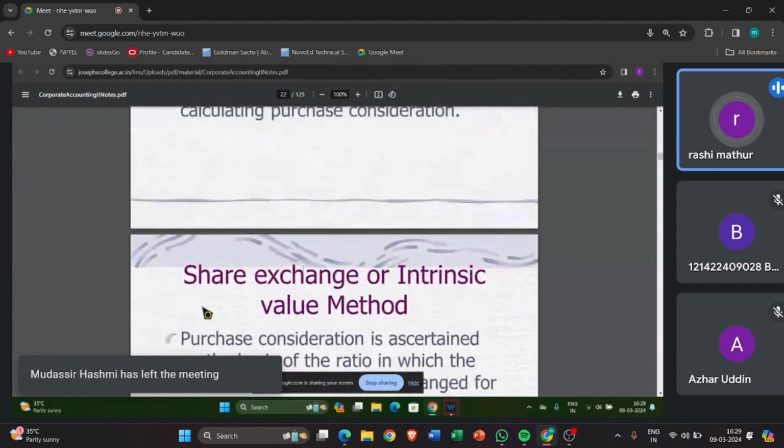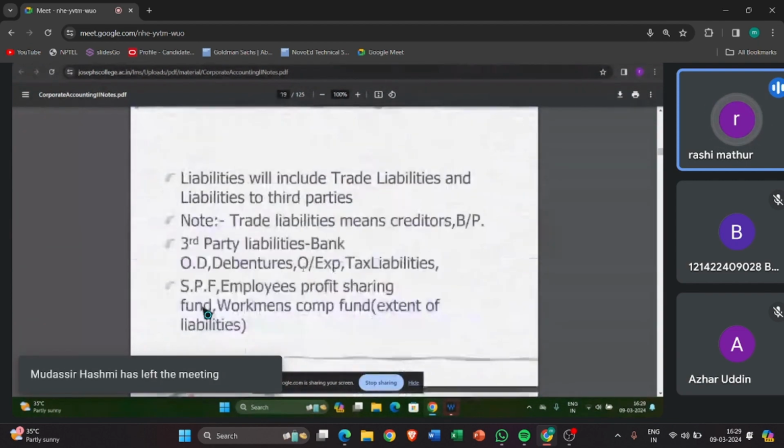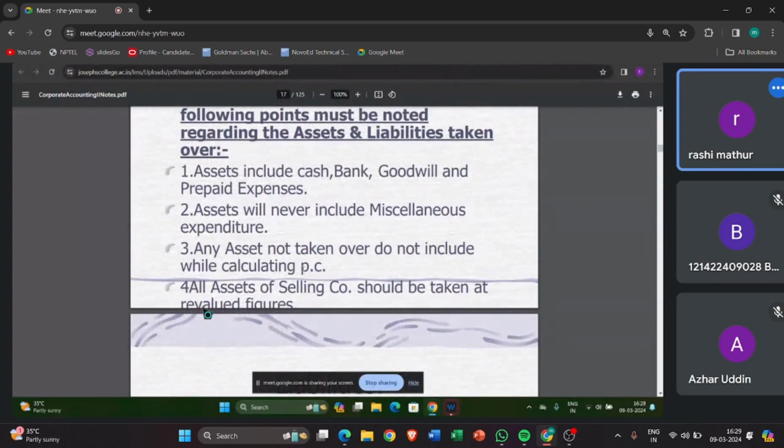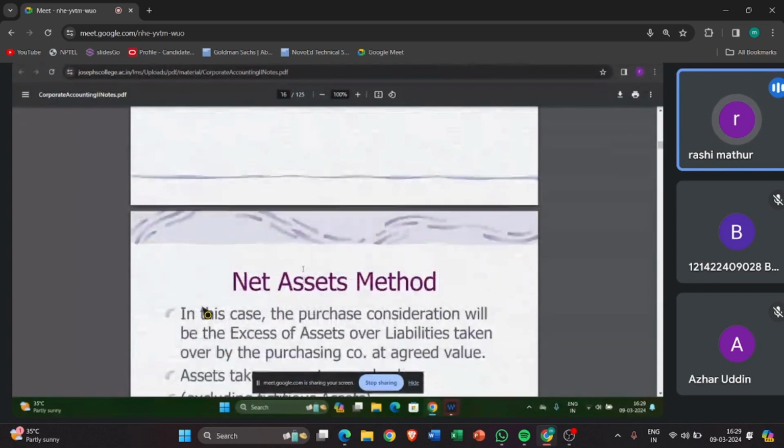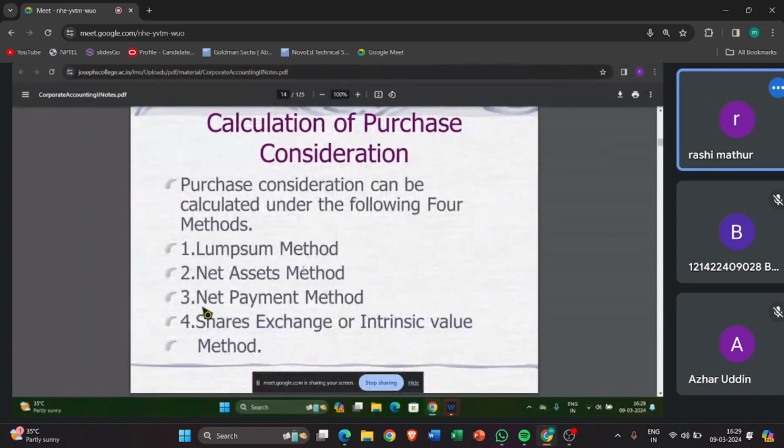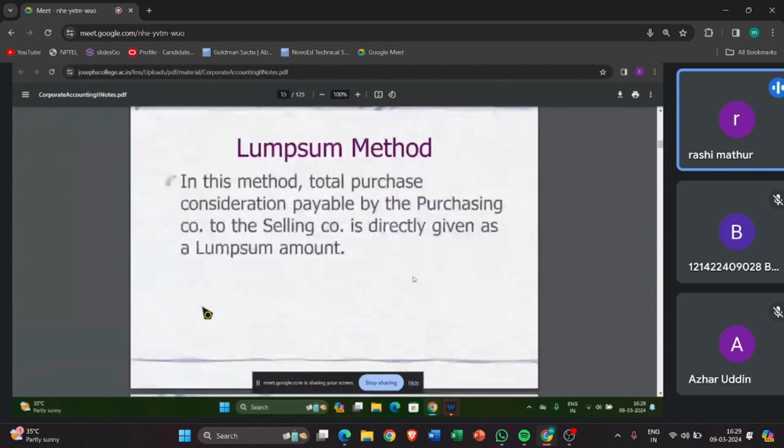Okay. So another important question: what is purchase consideration and how do we calculate? What are the methods of calculation of purchase consideration? There are 4 methods. Explain all 4 of them for the question. Clear?